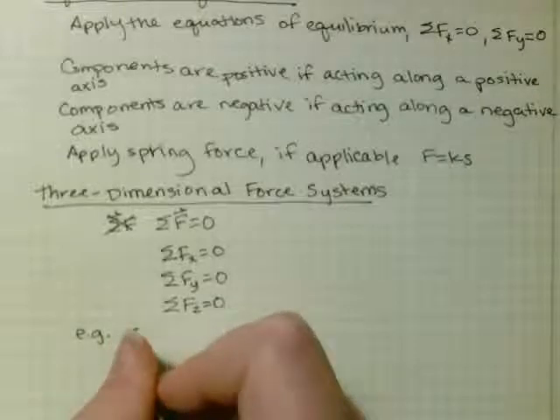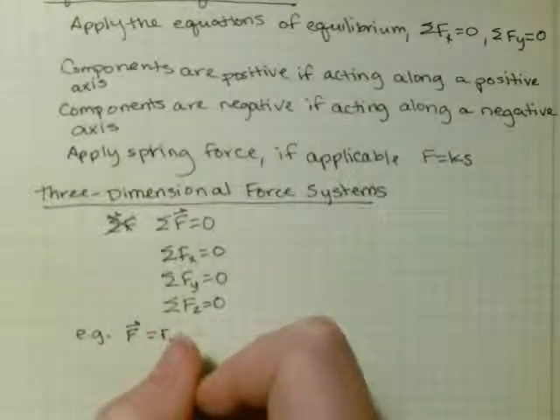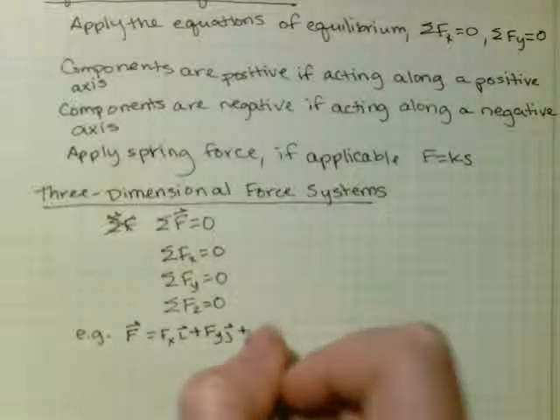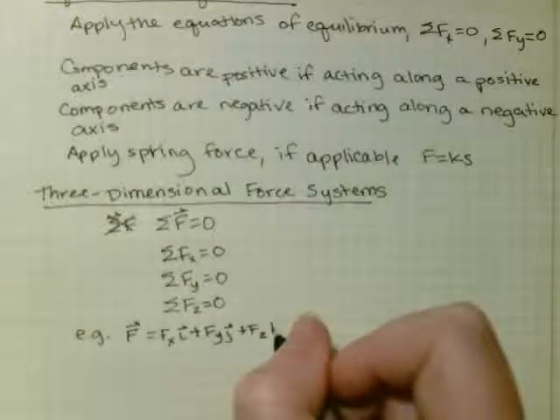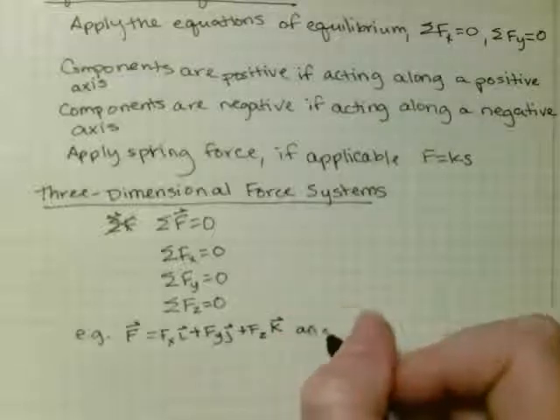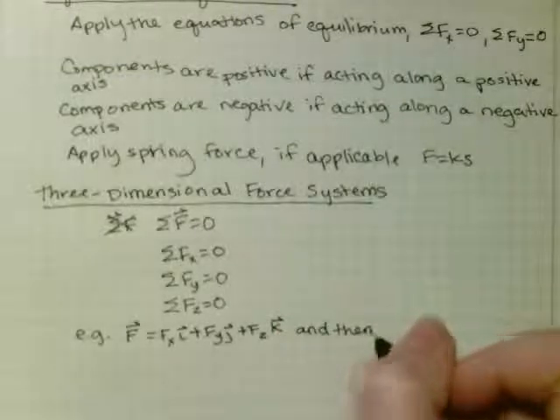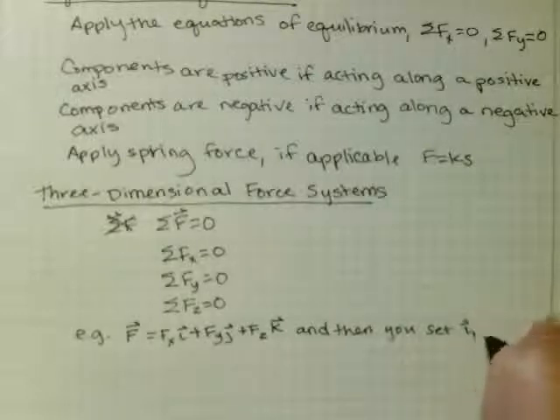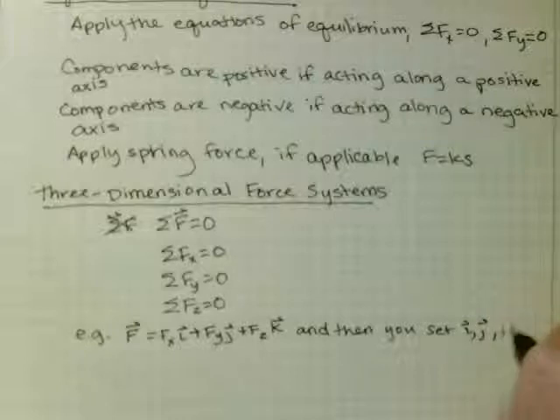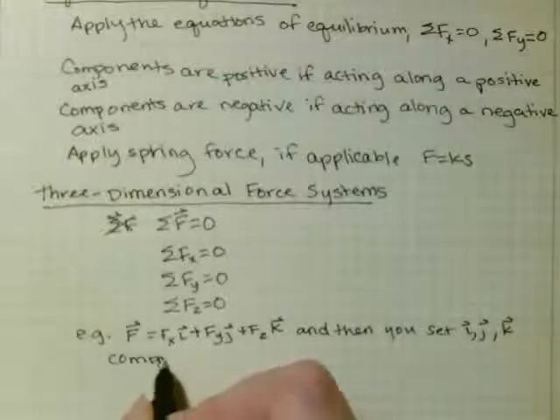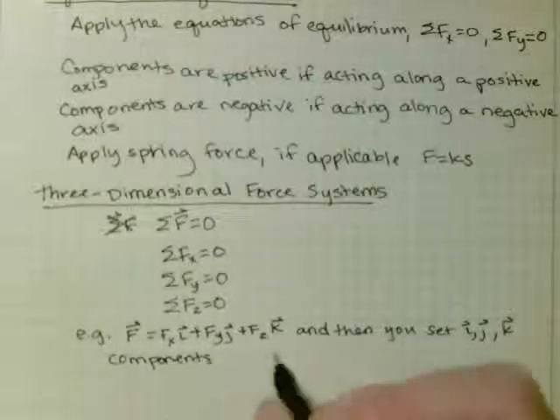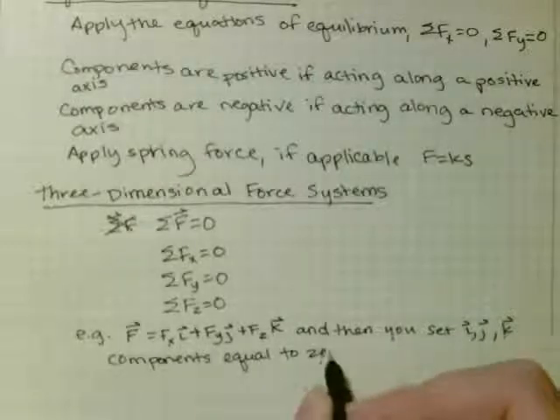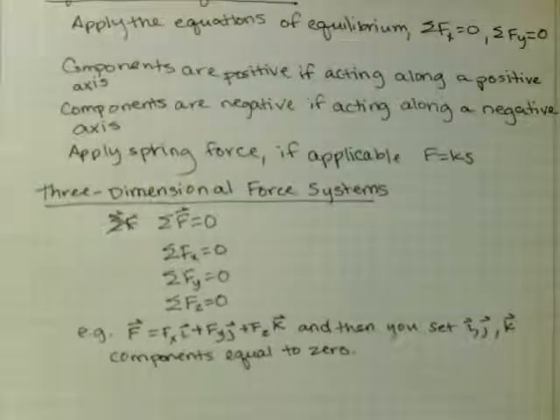It's much easier if you do force F is equal to Fx i plus Fy j plus Fz k, and then you set all the i, j, and k components equal to 0. That's really what you'll see me doing in most of these examples. I find it much easier to solve the equations once you put them in Cartesian vectors.